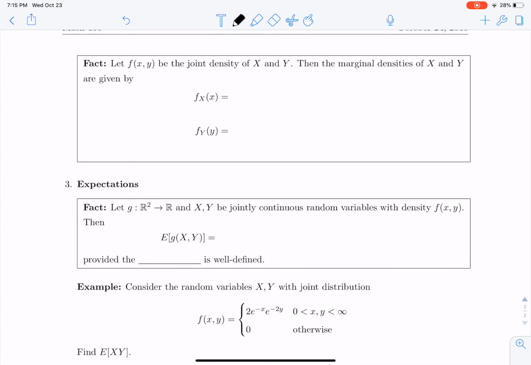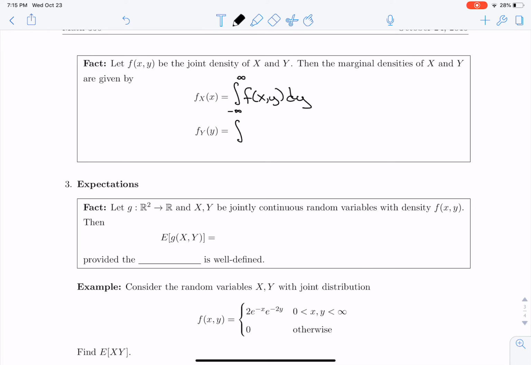Okay, let's look at a fact about joint densities. So let f of xy be the joint density of x and y, and then the marginal densities of x and y are the integrals of f of xy over all possible y values, and that will give us the marginal density of x.